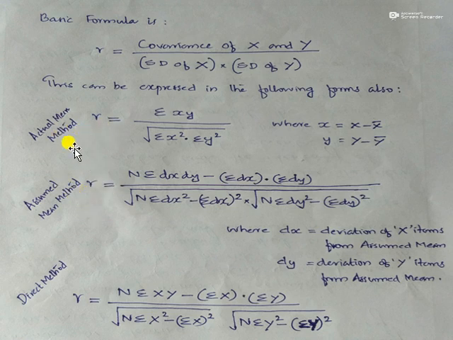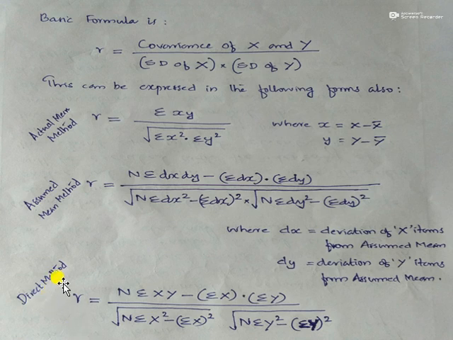In the first method deviations are taken from actual mean. In the second method deviations are taken from assumed mean. And in the third method we need not take deviation either from actual mean or from assumed mean. We can directly compute the value of coefficient of correlation from the given values of the variables.